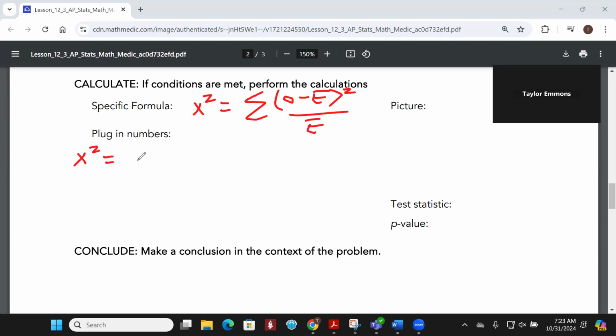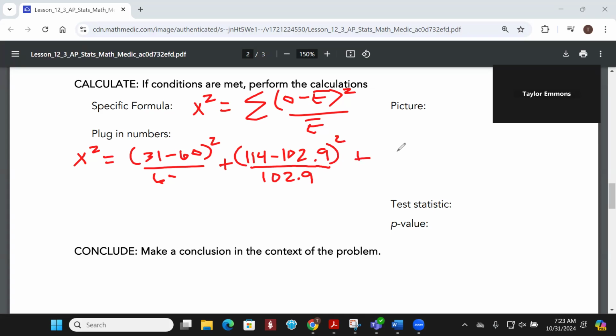So chi-squared is equal to 31 minus 60, divided by 60. I have to square that up top. Plus 114 minus 102.9, squared, divided by 102.9, plus 55 minus 37.1 squared divided by 37.1.